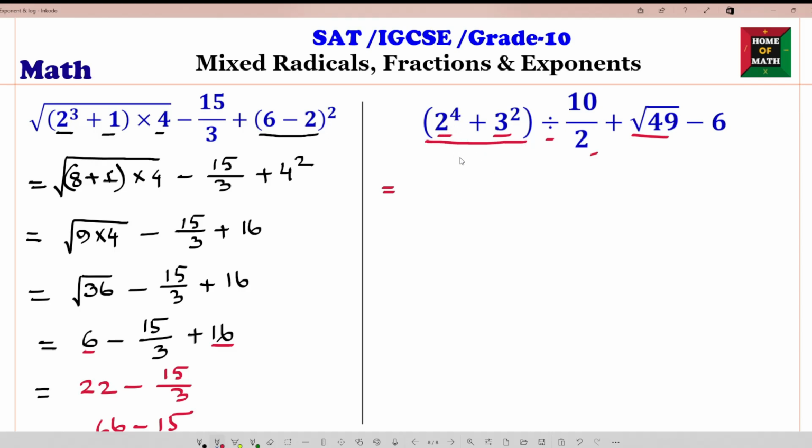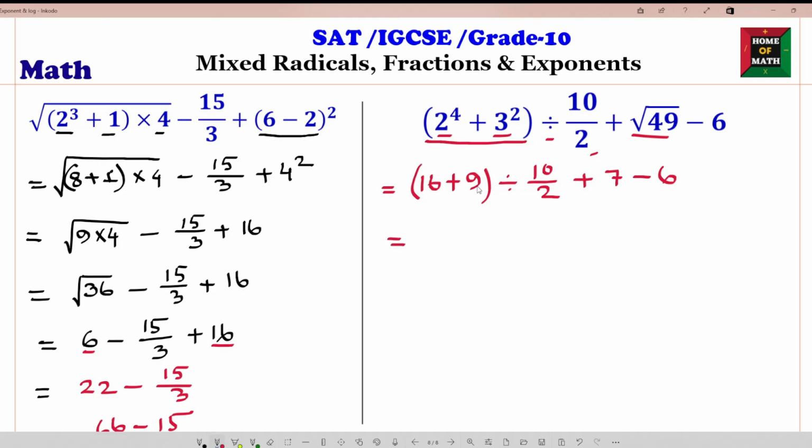So here is 2 to the power 4, it means 16 plus 3 square, it will be 9, right? Then divide 10 divide 2 plus root 49, we can write 7 minus 6.